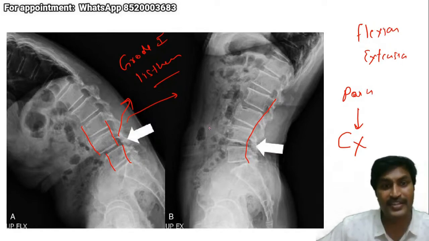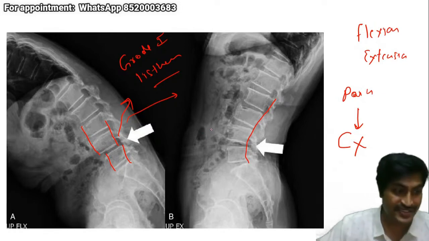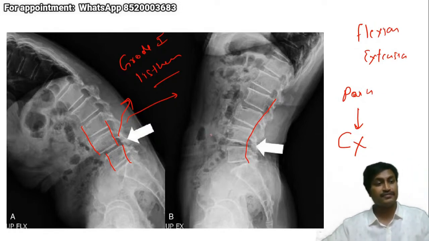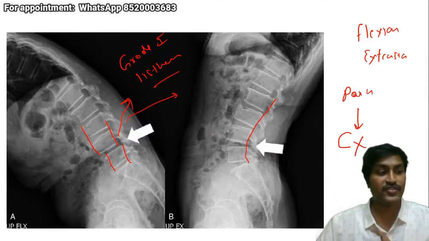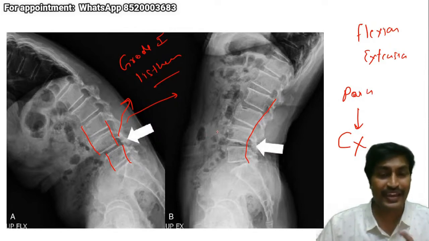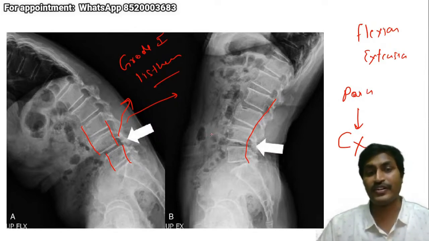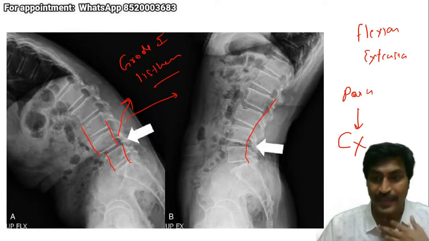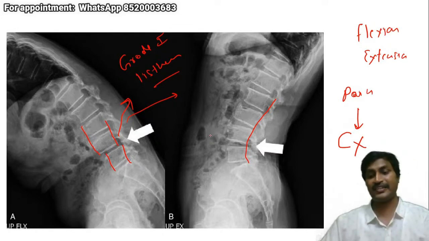But if there is a patient in which extension causes listhesis and flexion reduces it, then you will ask him to avoid extension. So this is why flexion extension views are important. They help you decide between conservative management and surgery. Second, you will be able to advise him whether he should maintain a flexion posture or an extension posture.